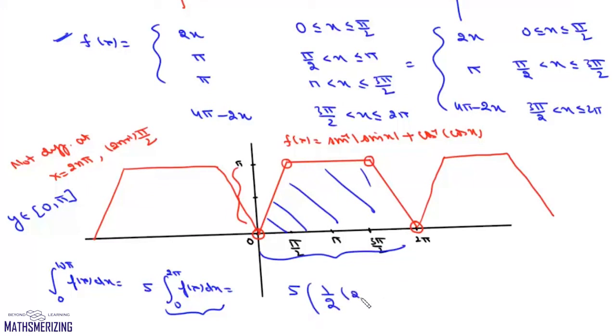Now this is 2π and this is 3π/2 minus π/2, which is simply π, and then this height, which is also π. So this area will be 5/2 into 3π², so it will be 15π²/2. So the value of this integral will be 15π²/2.